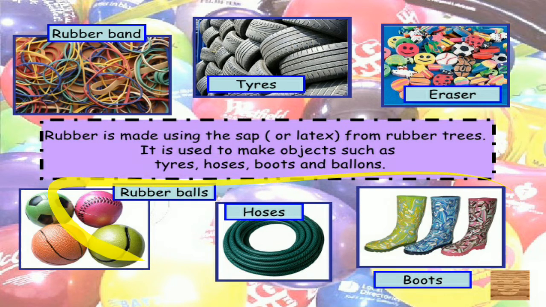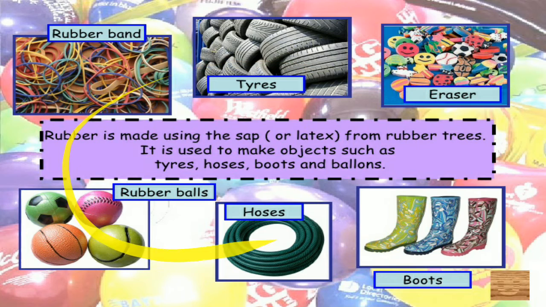So all these things are objects of rubber, and they are made using latex from rubber trees. So children, you all understand about rubber.